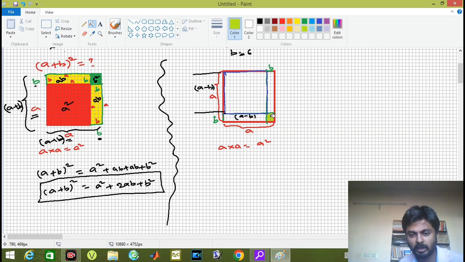Before we remove the other figures, we shall find the area which we are removing from the A. So see here, the length is A minus B. Here the length is A minus B, length is A minus B and breadth is B.